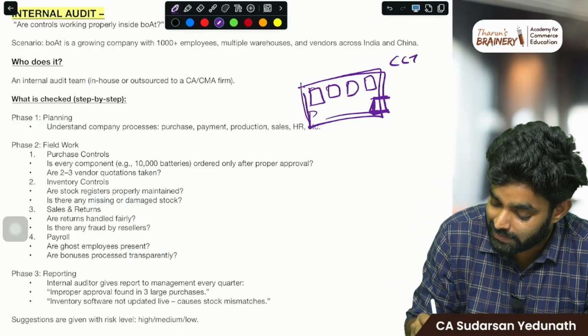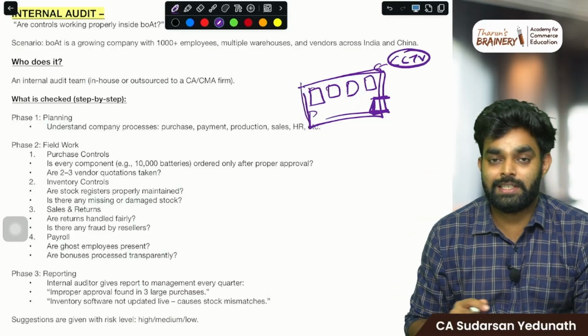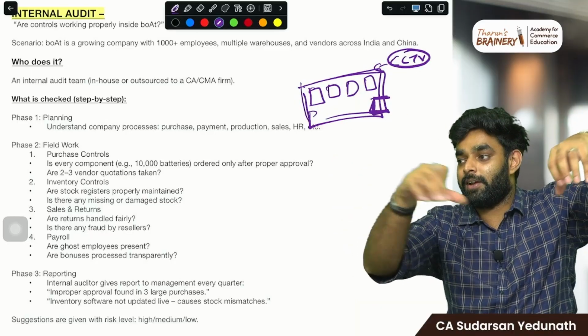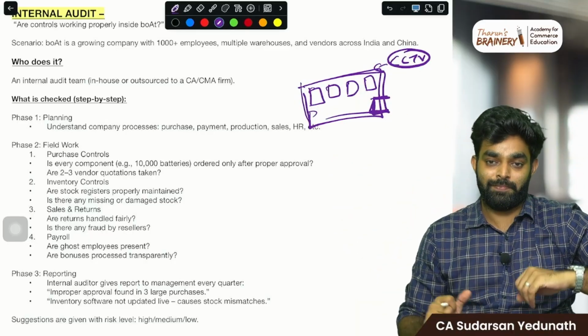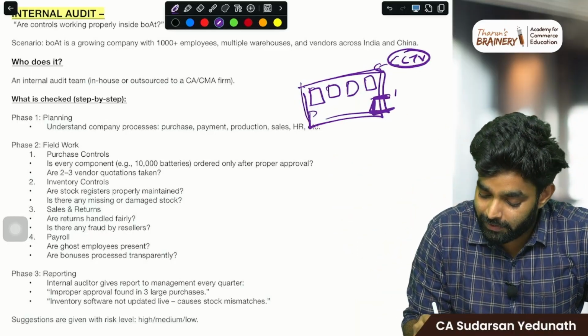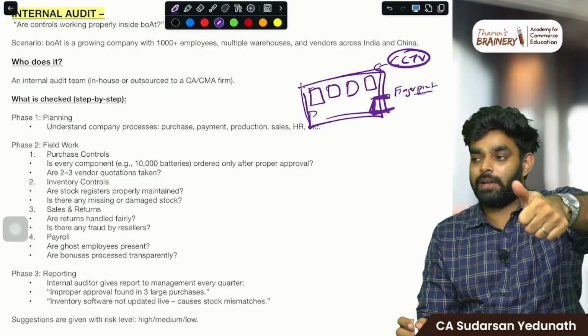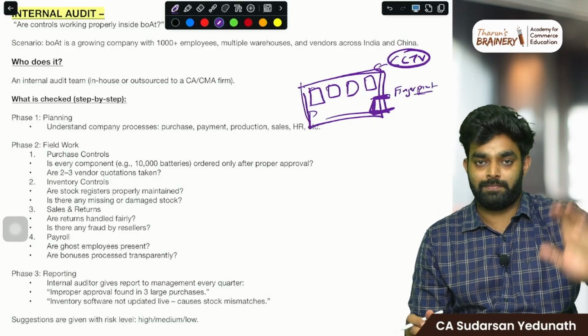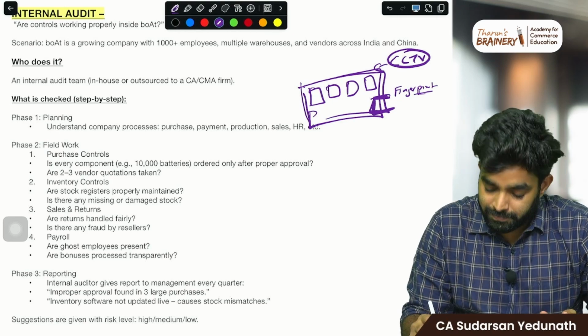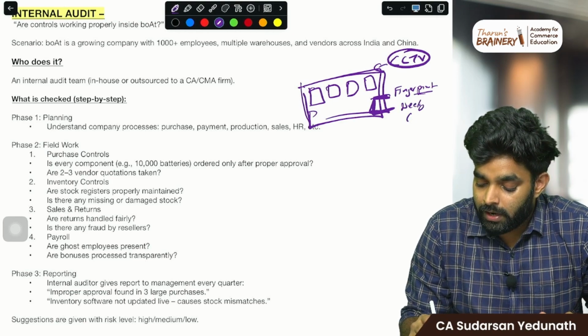They will put some CCTV here. CCTV is something that prevents any fraud happening in the company. Or sometimes they will put a fingerprint scanner here, so only people with authorization can enter. Or some weekly counting will be there.